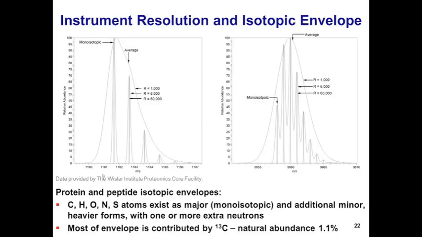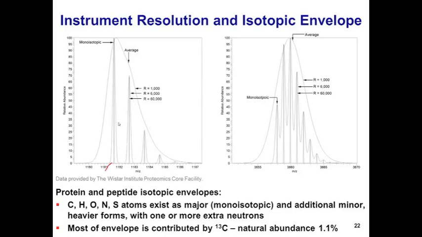These 5 peaks are the monoisotopic peak, a peak that is 1 neutron heavier, 2 neutrons heavier, and so forth. We frequently refer to these, since C13 is the most common, as the monoisotopic peak, the 1 C13, 2 C13, and so forth. However, we recognize that these peaks could be contributed by the heavier isotopes of other atoms that constitute the protein.